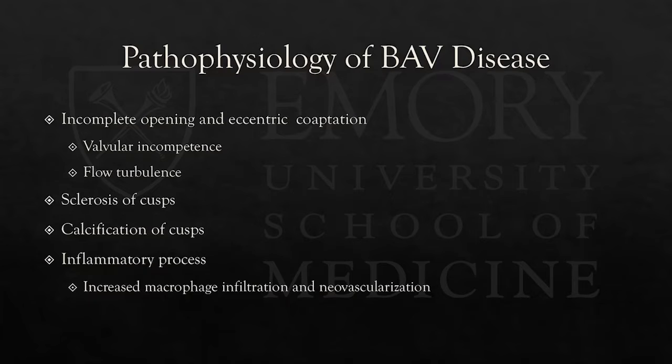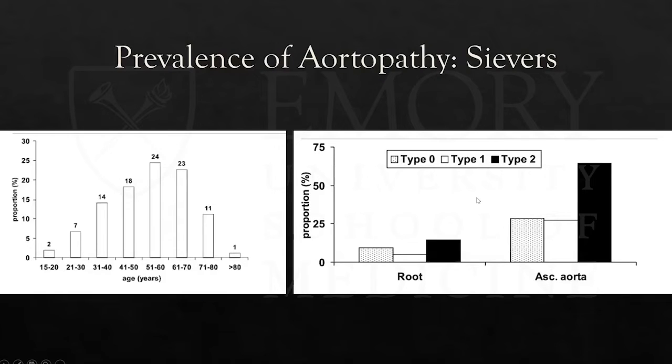They analyzed both of these tissues with immunohistochemistry and PCR, and they found that a greater density of macrophages and more frequent neovascularization were seen in the bicuspid leaflets when compared to the tricuspid leaflets. So this led to the idea that the pathogenesis of aortic valve stenosis in bicuspid aortic valves was associated with more aggressive inflammatory processes, which led to earlier valve degeneration.